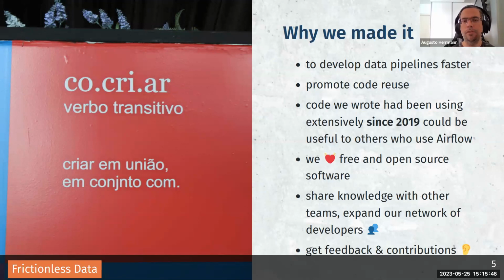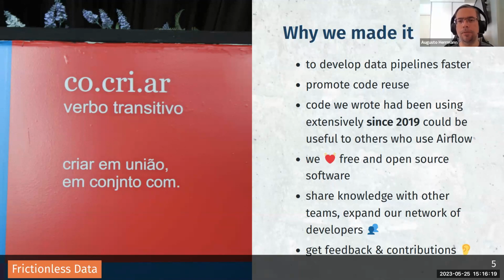We have been using some of that code since 2019. So if you look at the repository in GitHub, you'll see that the history goes a long way. But only recently, only this year, we have actually made sure that it is more usable to people outside the organization, like, for instance, translating the README and other documents to English, and also docstrings and things like that.